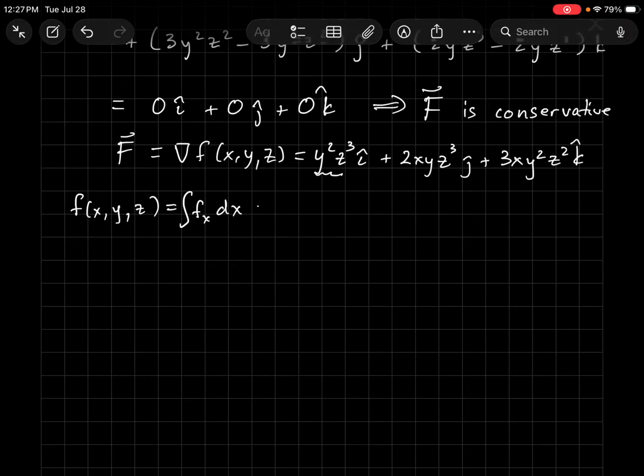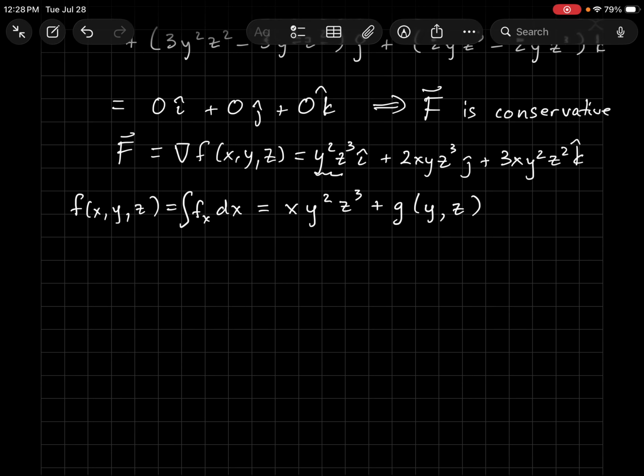So if I integrate that one, we're going to get xy squared z cubed plus, right, so integrating with respect to x, the y and z are held constant, and then we assume that there's some function g that's of y and z only, because when we take the derivative of that, the partial with respect to x, that would go to 0.